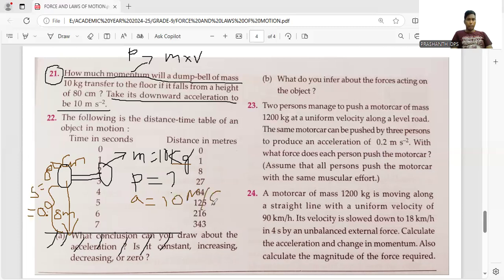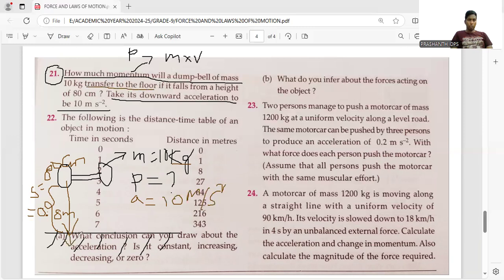Now we are asked to find the momentum p. Momentum is nothing but mass into velocity. When the dumbbell falls, it has mass and also velocity, and this velocity is transferred to the floor.